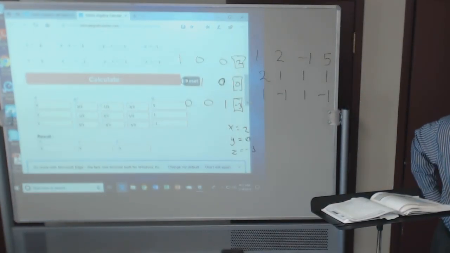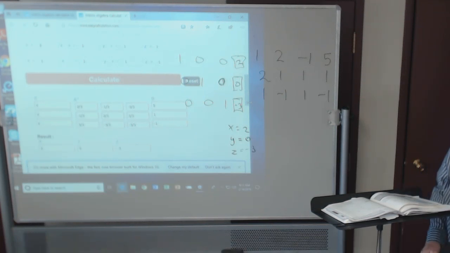Are you gonna let us use that on the test? Yes. I mean, why not? If it's there, why go to all that work manually if it's already there? Do we not need to know how to do it? I can't think of any place in the world where you would have to know how to do this without having a calculator.